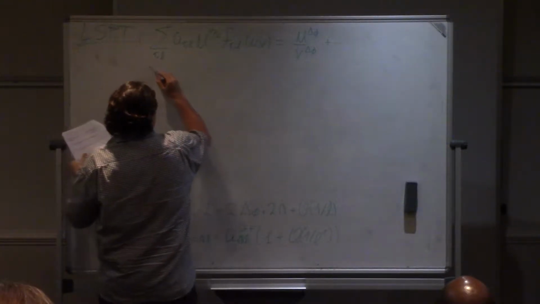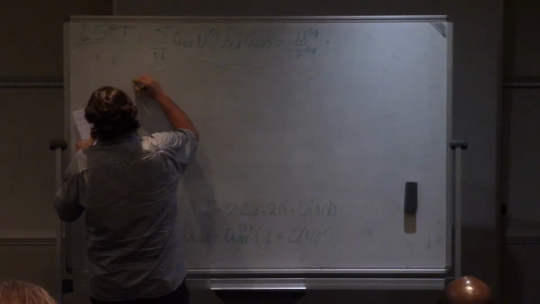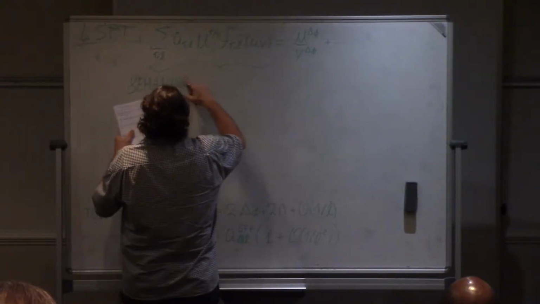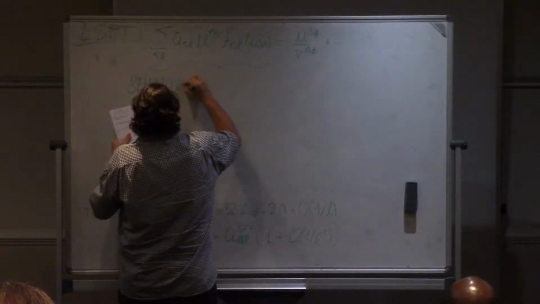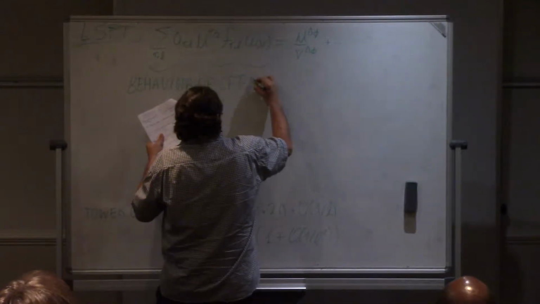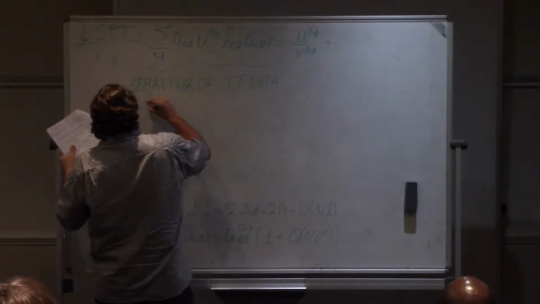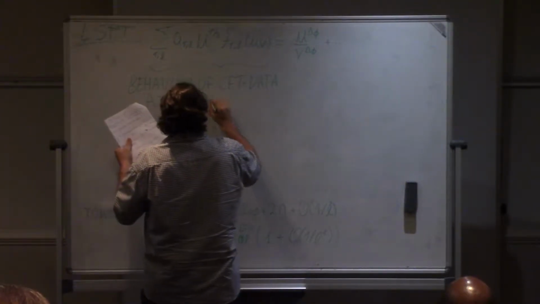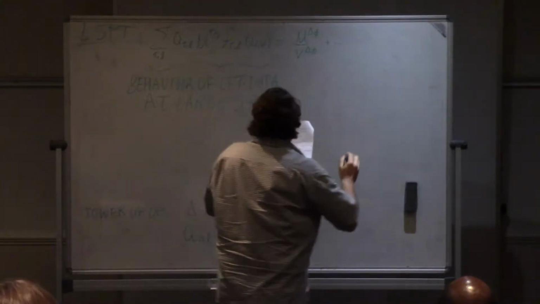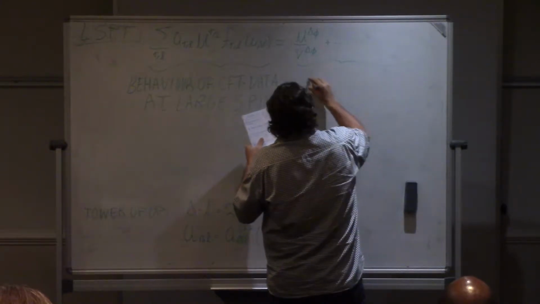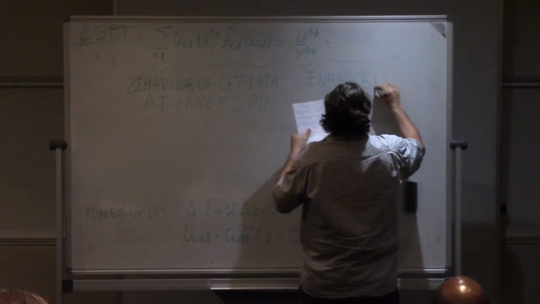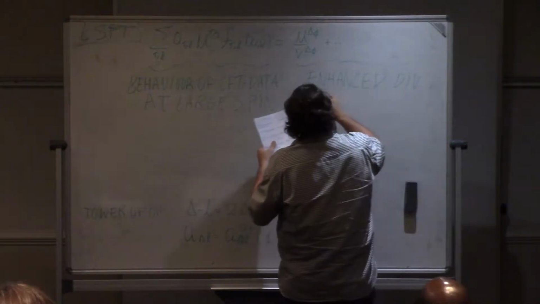The idea is that the behavior of CFT data on this side at large spin will be in one-to-one correspondence with the enhanced divergences as v goes to 0.